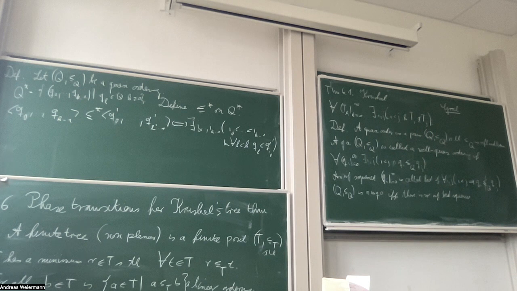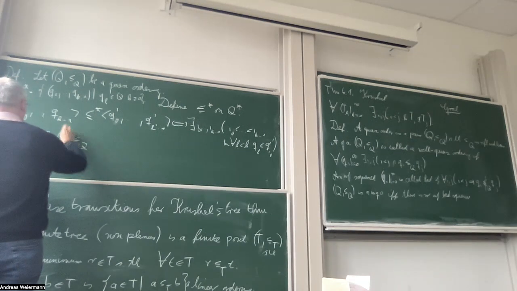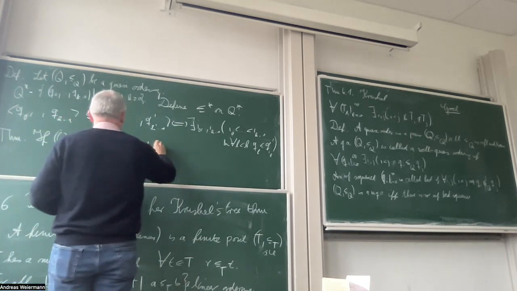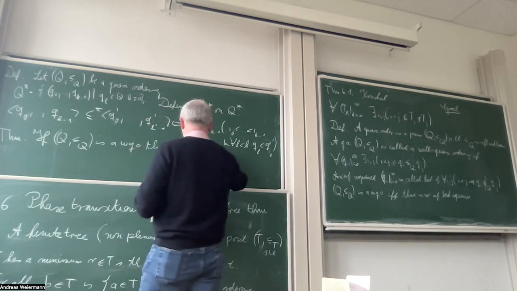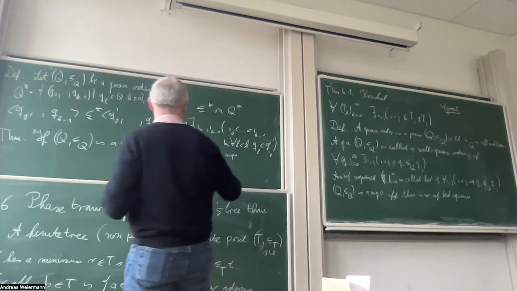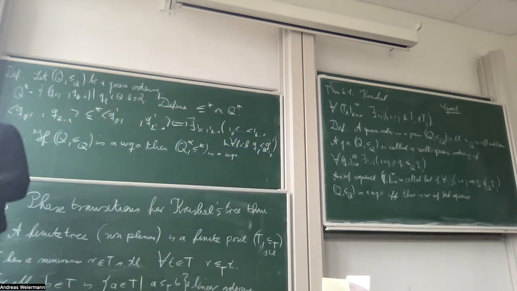And now comes the theorem. If Q is a well quasi order, then Q star is a well quasi order. Okay. How to prove this?